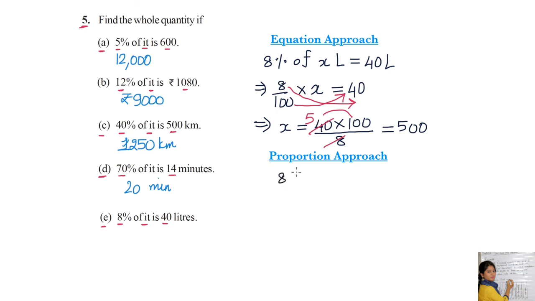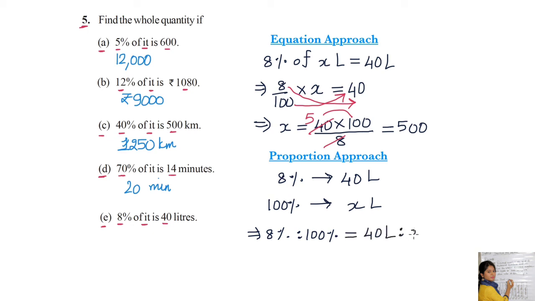Let's do the proportion approach. 8% corresponds to 40 liters, right? So 100%, the whole quantity, corresponds to x liters, that we don't know. Writing in proportion form, 8% is to 100% as 40 is to x liters, and that can be written as 8 upon 100 equal to 40 upon x.